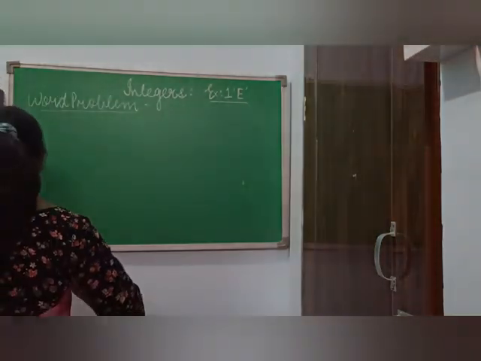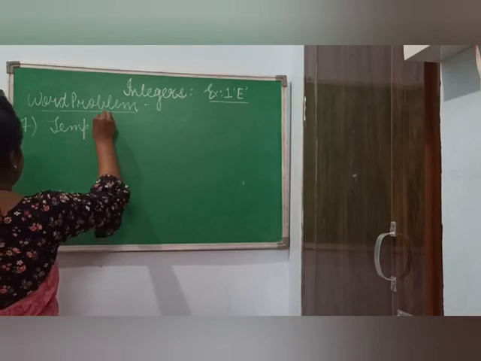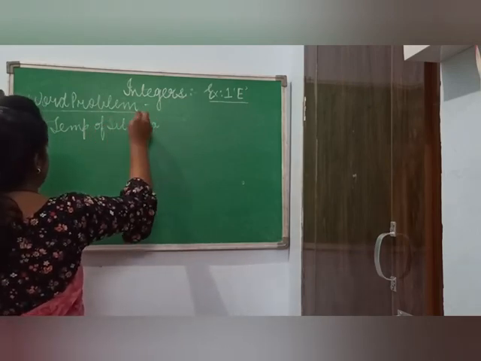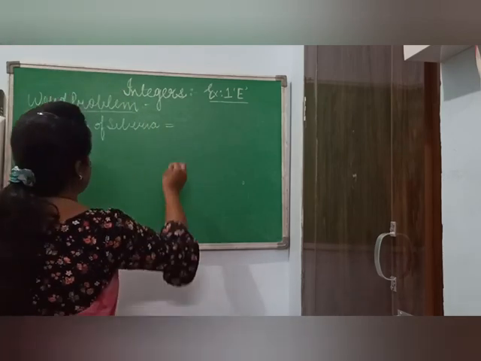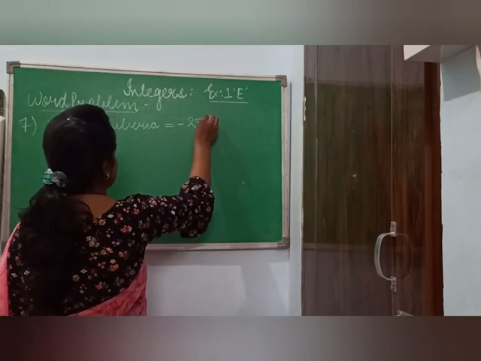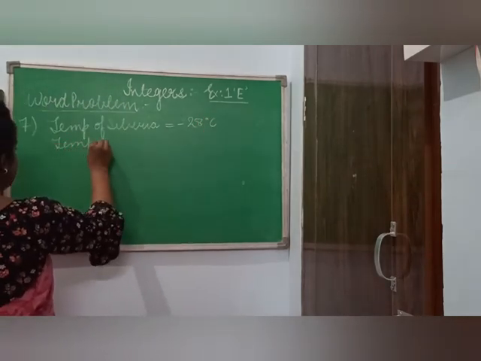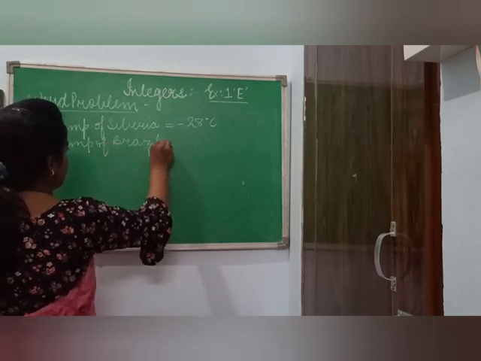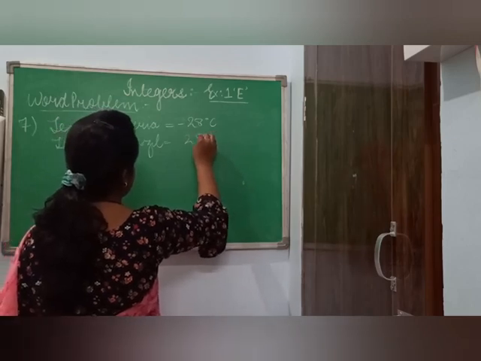See, question number 7. Temperature of Siberia is minus 28 degrees centigrade and temperature of Brazil is 28 degrees centigrade.